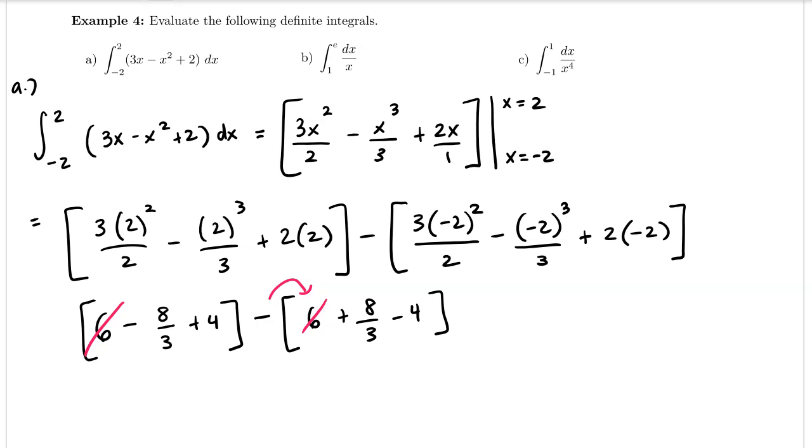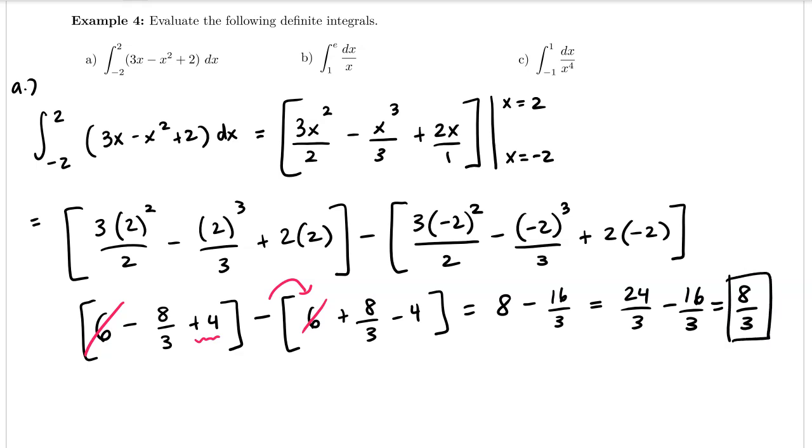And then we have positive 4 here, minus negative 4, so that's going to be 8. And then negative 8 thirds minus 8 thirds would be minus 16 thirds. And if I found a common denominator, 8 is equivalent to 24 thirds. And this would equal 8 thirds.